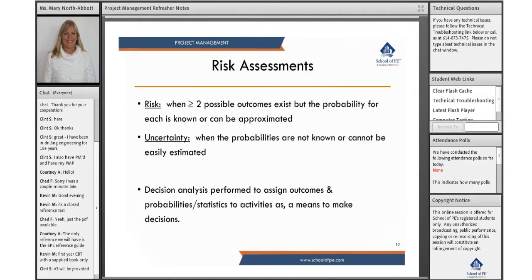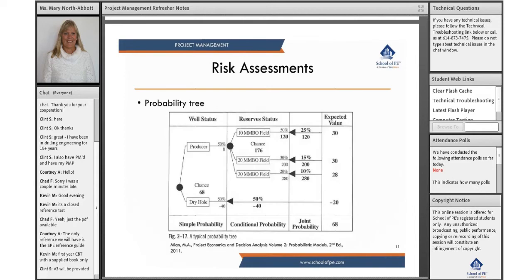So decision analysis is something we very often build to assign outcomes, probabilities, and statistics to activities. A lot of times that helps us make those decisions. This is a probability tree, from that book by Mayan, one of the references. A lot of good stuff in there. Say we're going to drill a well. Chances are 50-50 that it's going to be a producer or a dry hole.